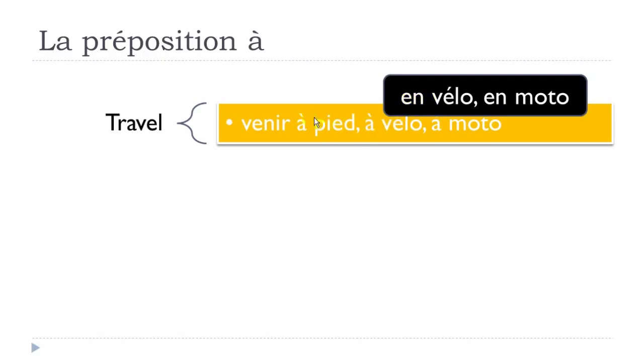Not really for pied, because French people will still use this à pied, because it's like a common expression, but still for vélo and moto, many persons will use this en. Officially it should be a mistake, but many persons are using it, so just be ready and try to remember that it's possible that you will hear en vélo, en moto.